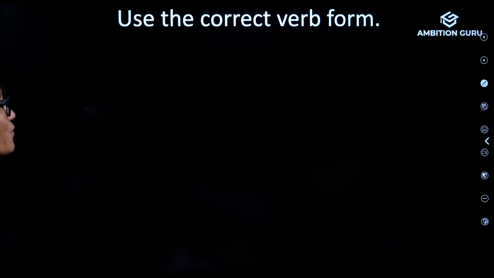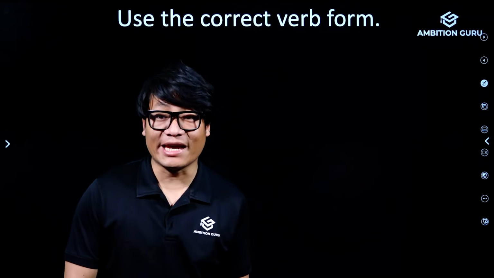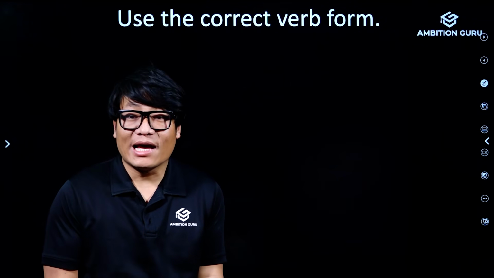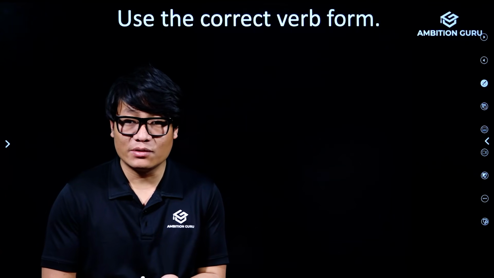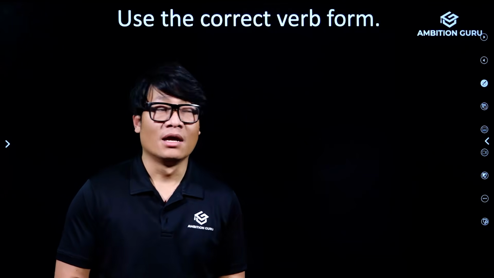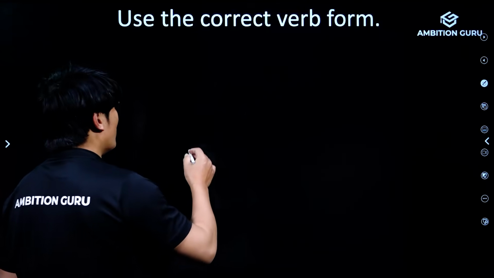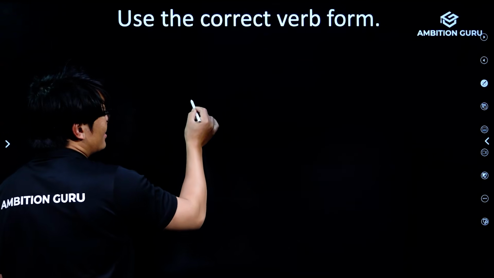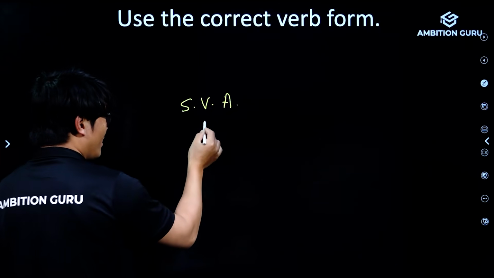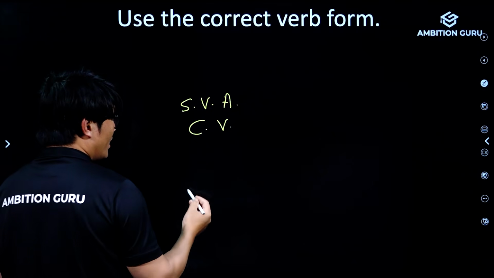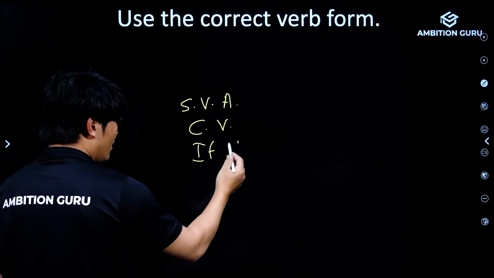Now we are going to practice question number 10. Absolutely, we know that there are so many questions. Okay, absolutely, we know that one is subject verb agreement. Next is causative verb, and there is if conditional.